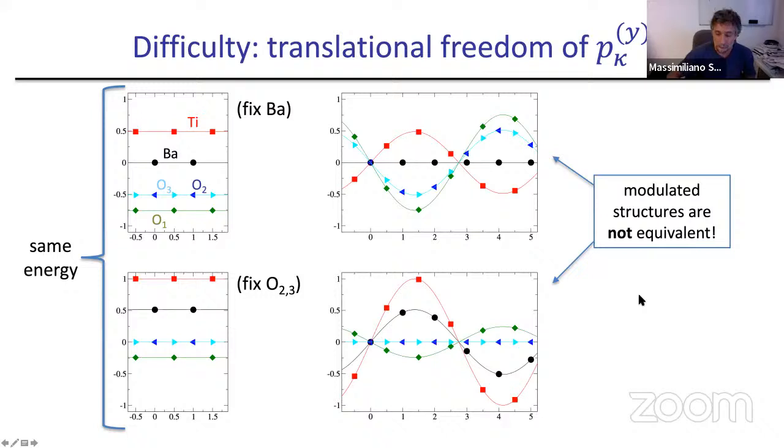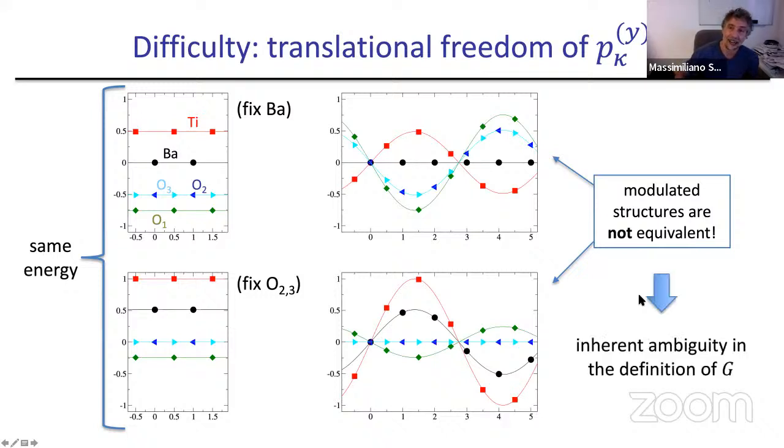And so this is clearly a fundamental difficulty, because I want to extract the gradient coefficient G from the energetics of this kind of patterns. And if these patterns are not well defined, these have clearly different energies, then I'm stuck.